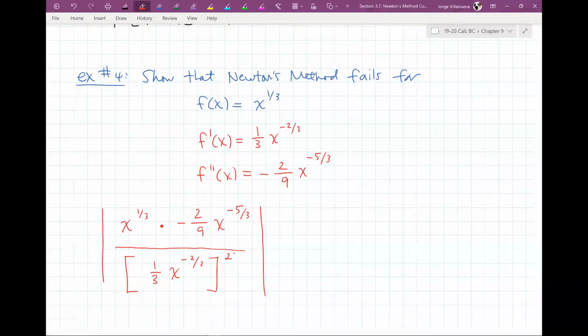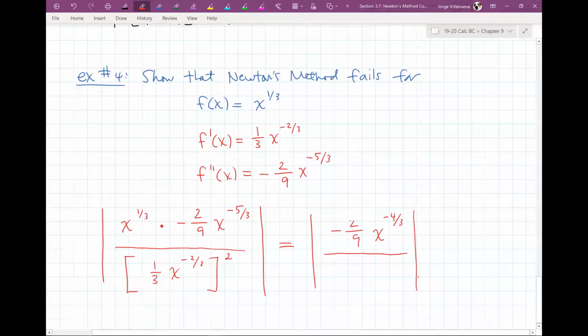All right, so let's start simplifying this. I mean, this is just algebra, right? So absolute value of x to the 1/3 times x to the negative 5/3, that's x to the negative 4/3. So negative 2/9 x to the negative 4/3.